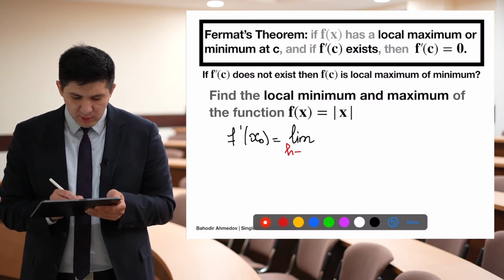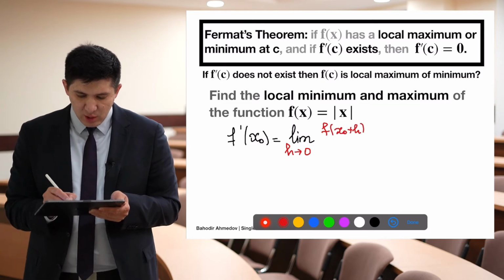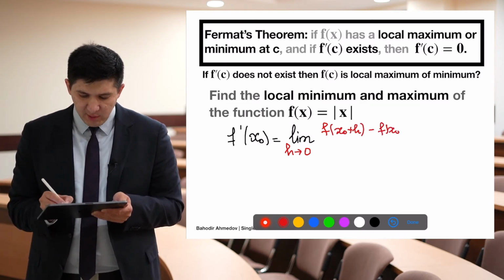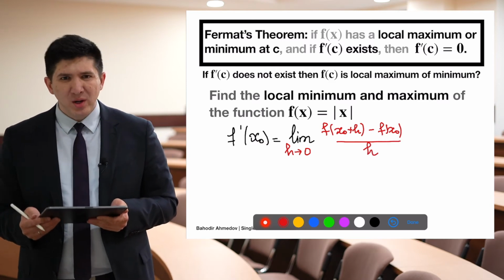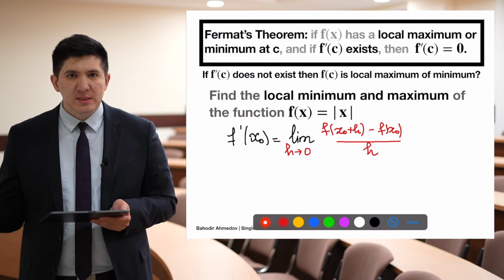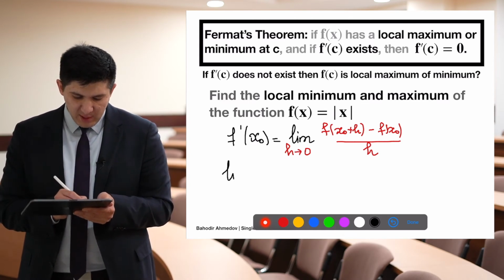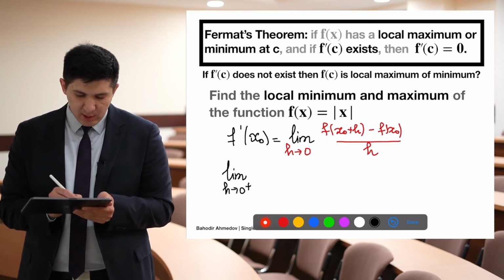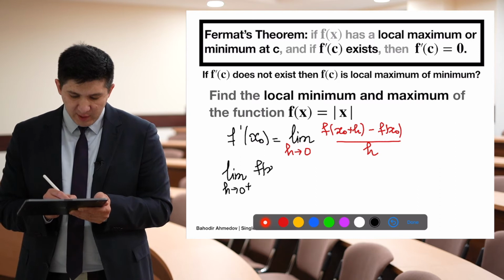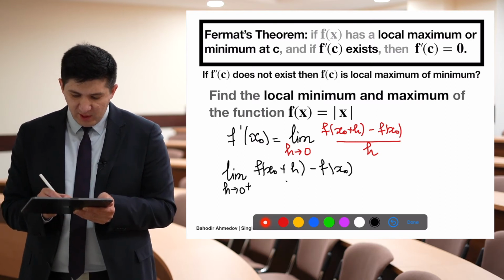So h goes to 0, f of x0 plus h minus f of x0 divided by h. At the same point, we can find the right limits and left limits. So essentially, you can find the limit as h goes to 0 from the right, the same limit, f of x0 plus h minus f of x0 divided by h.